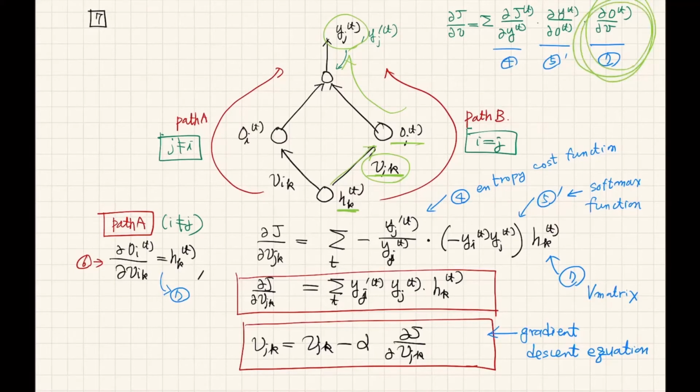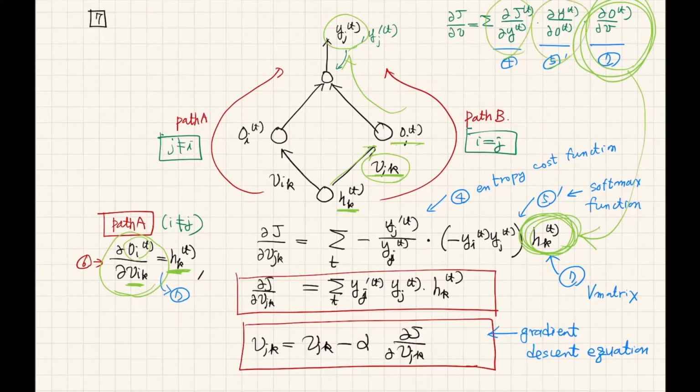And the derivative of output with respect to vector V is the hidden layer. So this is number 7. In the previous lecture slide, we derived equation number 4 and equation number 5.